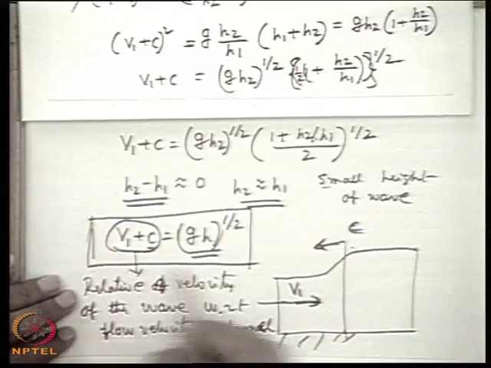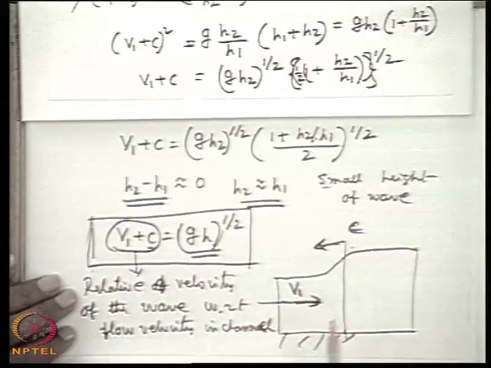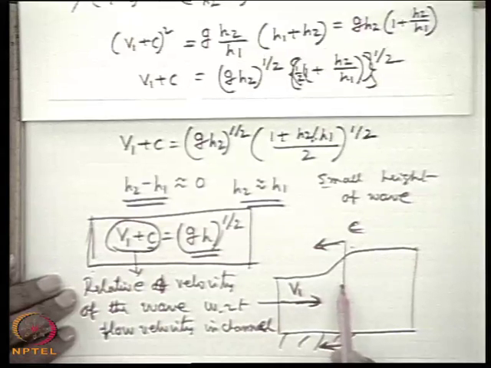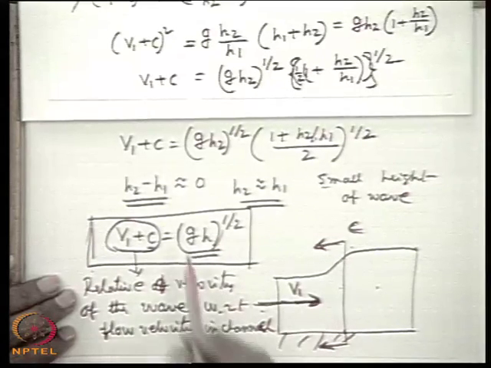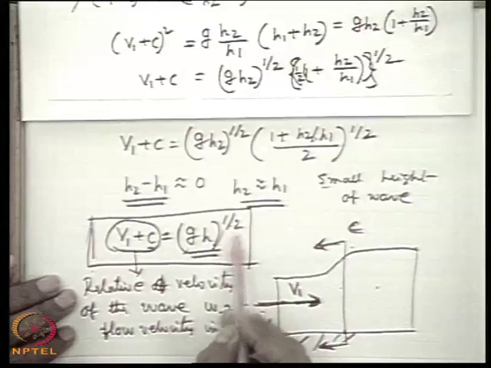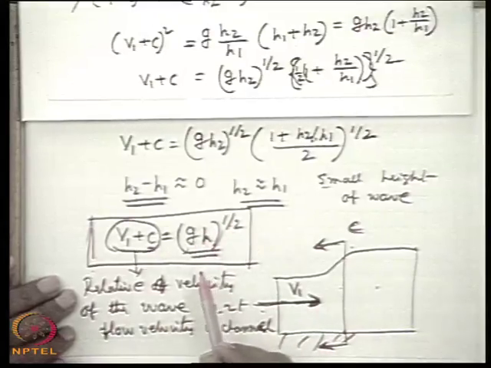So, this is a very important conclusion, that in case of a wave generated by a disturbance, this propagates in the fluid in both upstream and downstream direction, whose magnitude with respect to the flow velocity in the channel is given by GH to the power half, where H is the depth of flow.